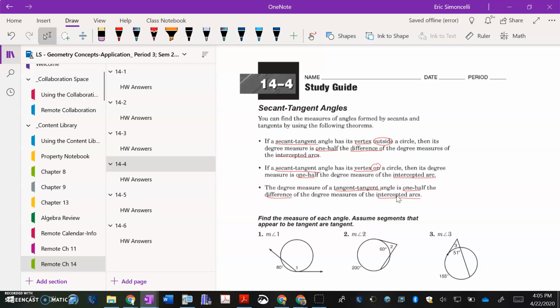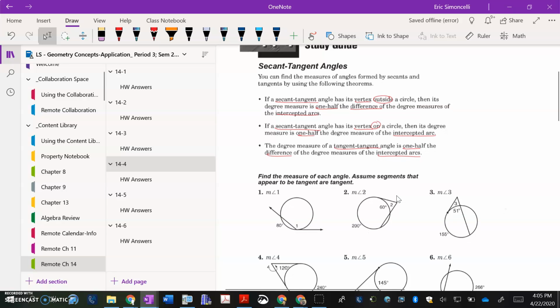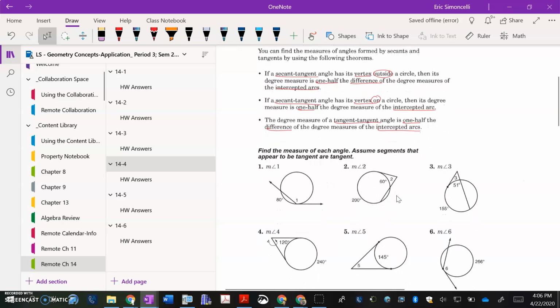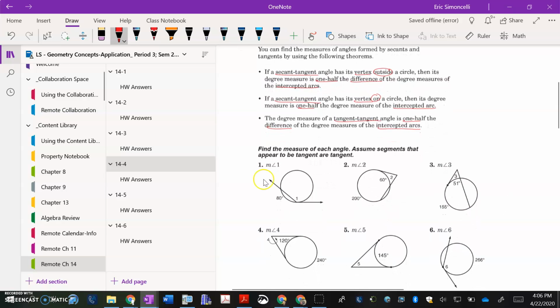Okay, so in this very first depiction, we're looking at very specifically a secant and a tangent. And the vertex of the angle just so happens to be on the circle.